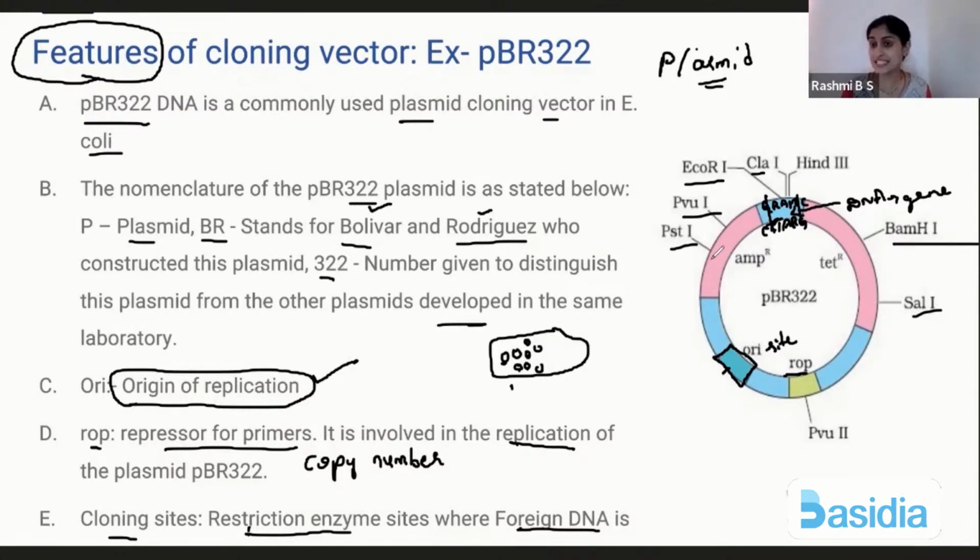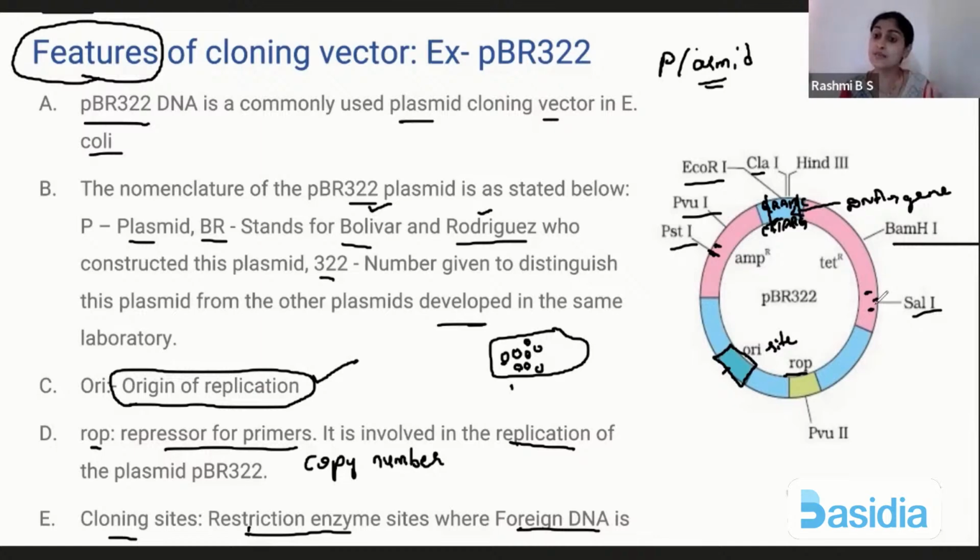If you are using PstI enzyme, then you're cleaving the plasmid here and inserting your foreign DNA here. If you are using SalI restriction enzyme, then you're cleaving here because the enzyme has a recognition site at this point. You're cleaving the plasmid and inserting foreign DNA here.